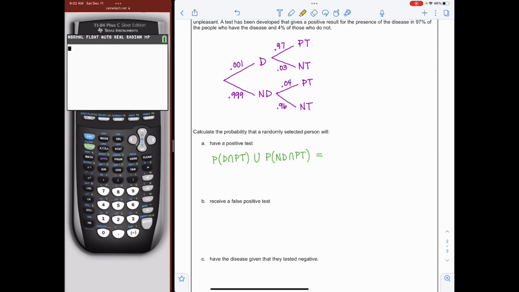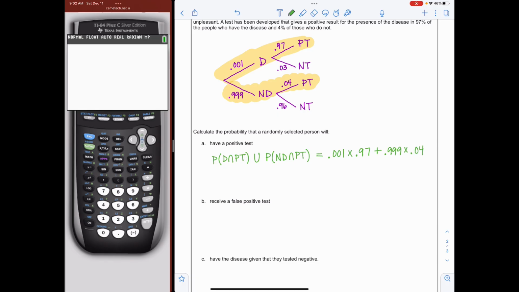the probability that you're going to have the disease and have a positive test is going to be given by 0.001 times, because that's the word and, had a positive test, which is 0.97, or means to add that you did not have the disease and you received a positive test, which is 0.999 times 0.04.